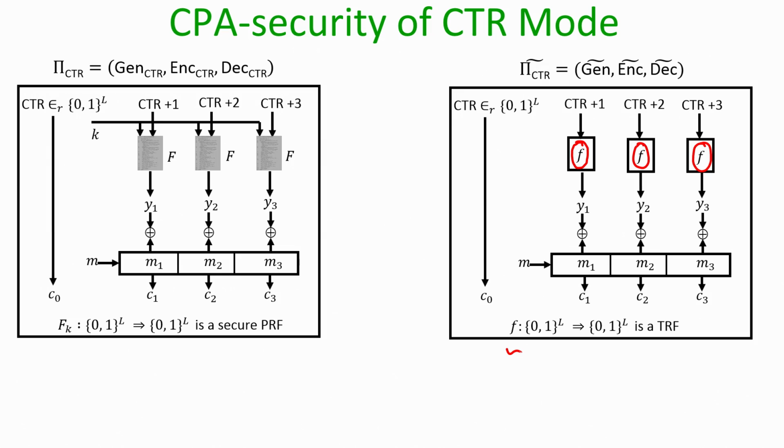Imagine both sender and receiver have agreed upon a truly random function mapping big L bit strings to big L bit strings. The variant, which I denote as pi counter tilde, is almost the same as the actual counter mode, except that all the invocations of the keyed function Fk are replaced by invocations of the truly random function little f.